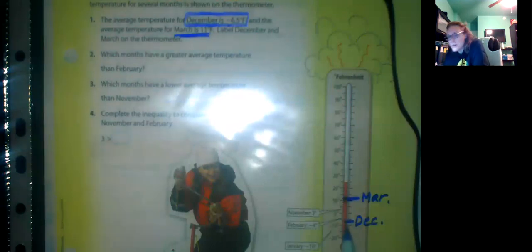Now it says, which months have a greater average temperature than February? Well, here's February at negative 4, and so we want greater temperatures. So greater than that would be November and March.